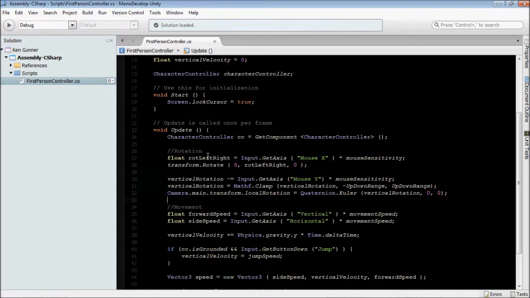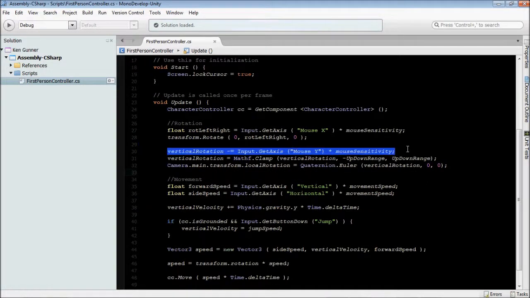Float, right, left, right. That makes you able to rotate the camera left and right along the x-axis when you move, and it times it by mouse sensitivity for the speed of that. And that actually does what I just said. It rotates character controller by the mouse X times mouse sensitivity.